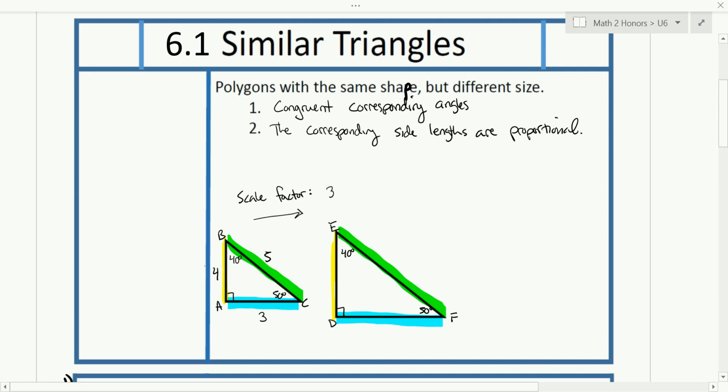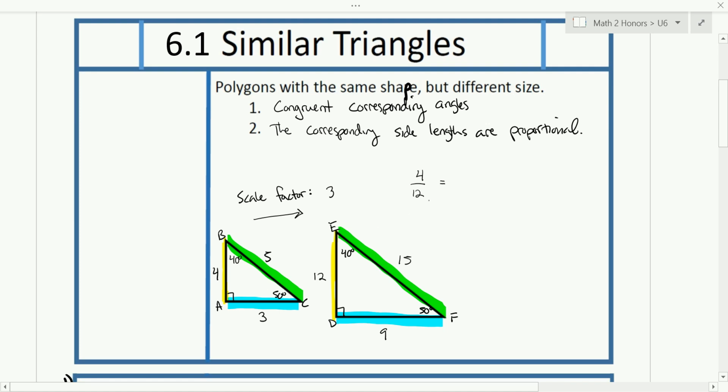So for example here, if I want my scale factor going from left to right to be 3, then what I do is I multiply all these side lengths by 3, and this would be 12, this would be 9, this would be 15. And by scaling it, it creates proportionality. So if I look at my corresponding sides, 4 corresponds with 12, and I could set that equal to any other, it doesn't matter.